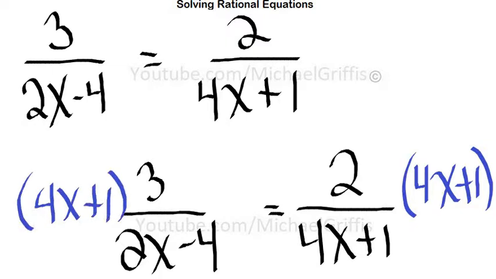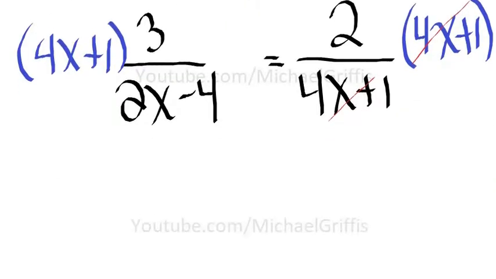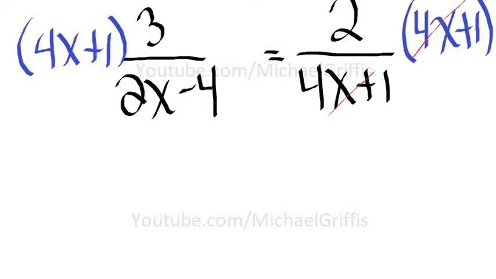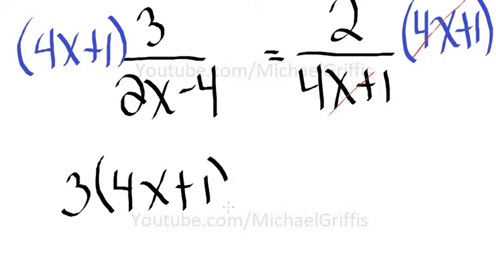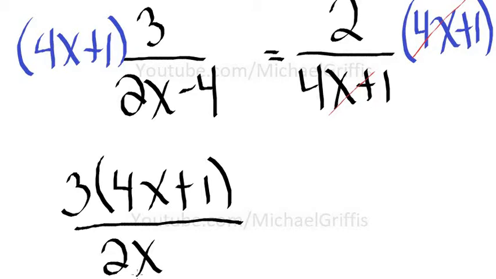Now you can see we can get those to cancel out. Now we're going to be left with 3 times, I'm just going to write it like this and not distribute that just yet.